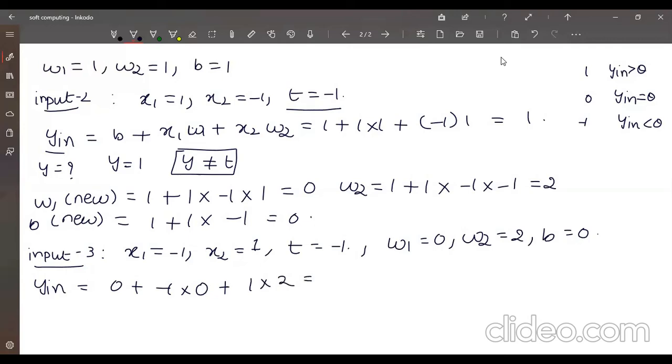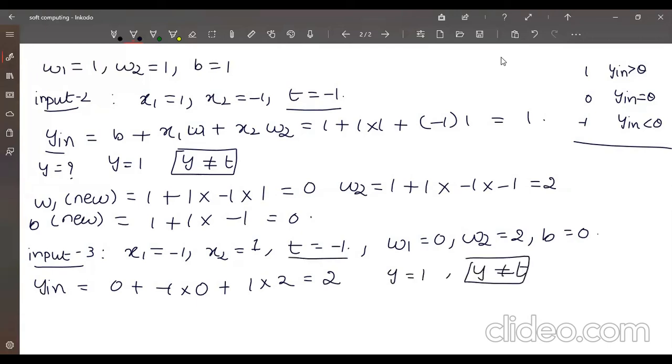So 0 plus 0 plus 2, we will be getting 2. Now see the bipolar function. Y is greater than threshold value, so y is equal to 1. But our target value is minus 1.